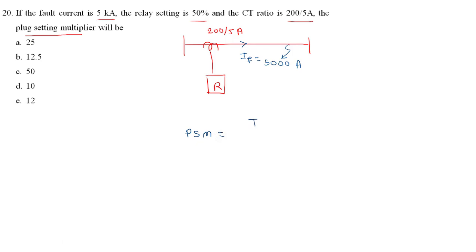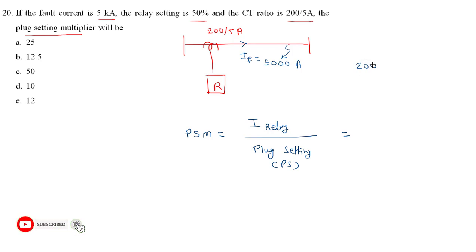What is the expression for PSM? Plug setting multiplier is the ratio of the current flowing through the relay divided by the plug setting, PS. So this is the formula for PSM. Now how much is I relay? If 200 ampere primary current gives 5 ampere secondary, what will be the secondary current if 5000 ampere is the primary current?